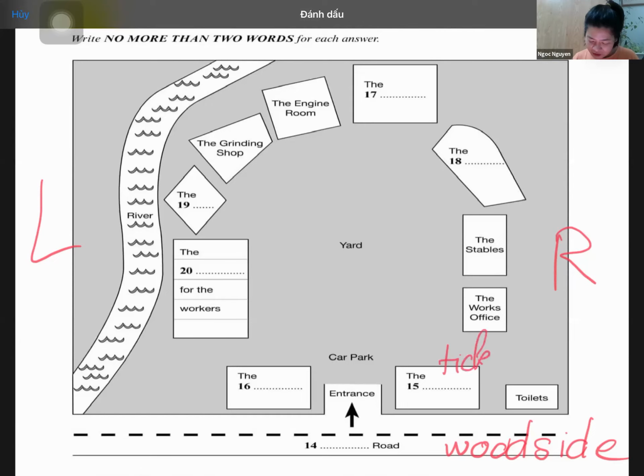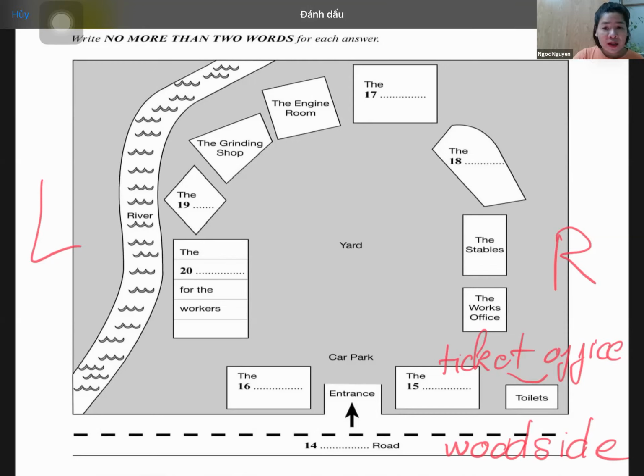Exactly. And when you pass the ticket office, you will see the toilets. It's always good to know where they are, right? And the lady said that.